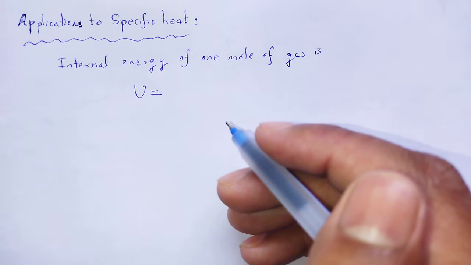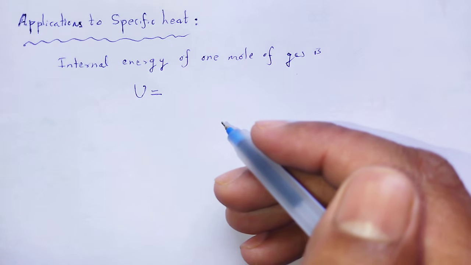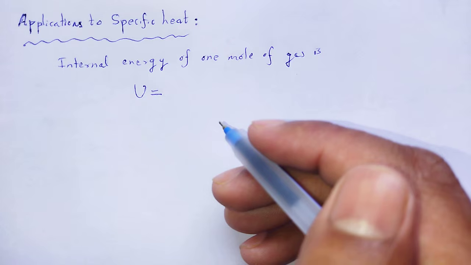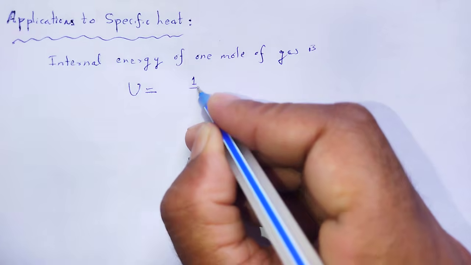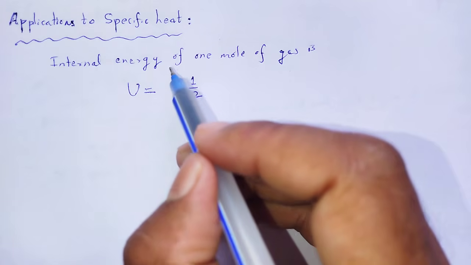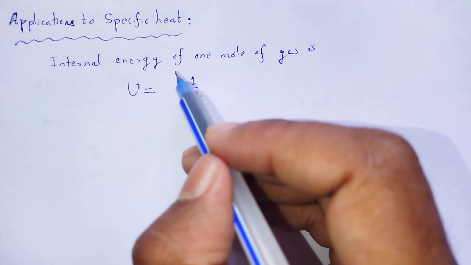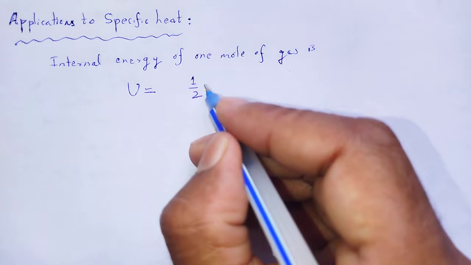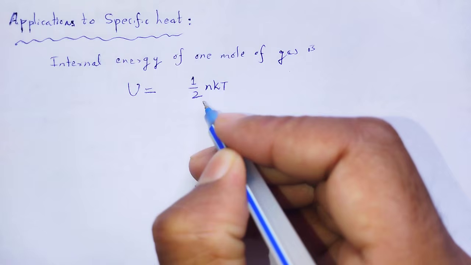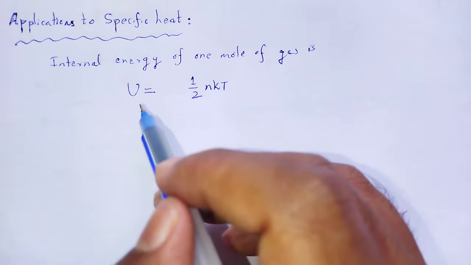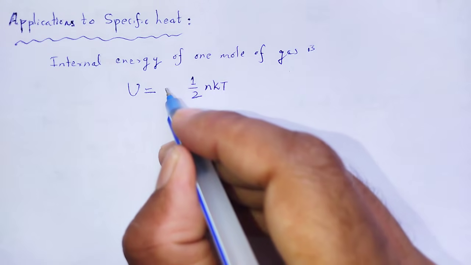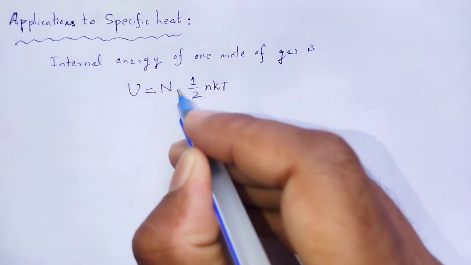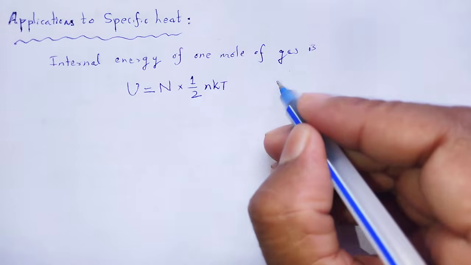Look here, according to the law of equipartition of energy, the average kinetic energy associated with each degree of freedom is equal to half kT. As here we consider n degrees of freedom, it will be half n kT. As we consider capital N number of such molecules, the total internal energy will be capital N times that.